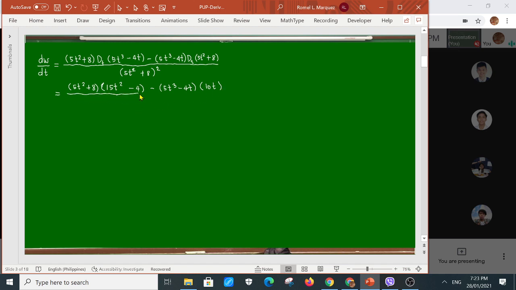When you write your equal sign, be sure it is at the middle of the fractional bar. Over 5t squared plus 8 quantity squared. Okay, guys? So that's already the derivative.